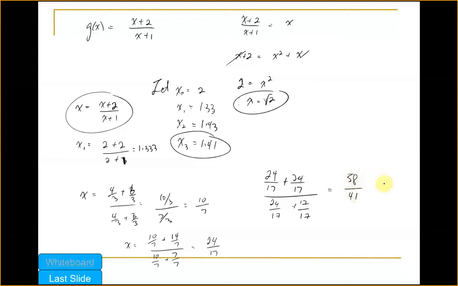Now what's that equal to? 1.41. So the point is, when we plug in 1.41, we now still get back 1.41. Right.